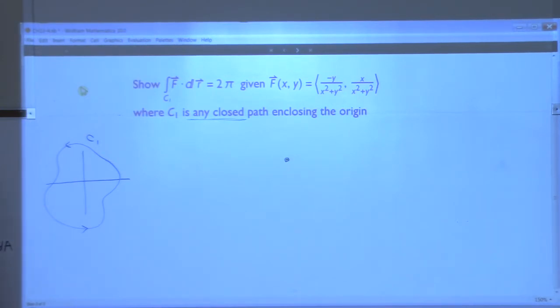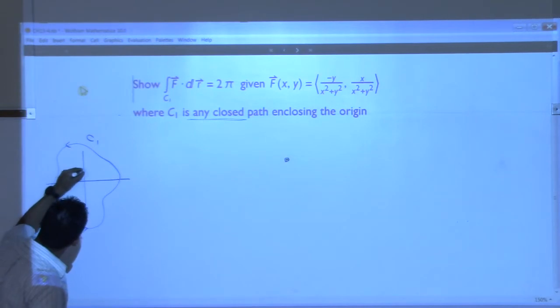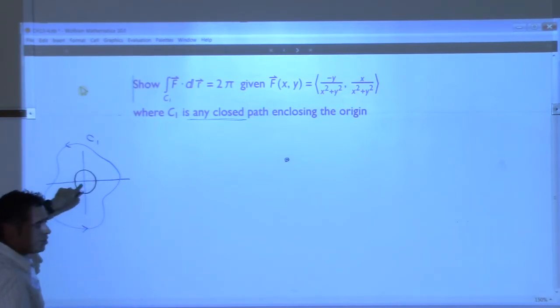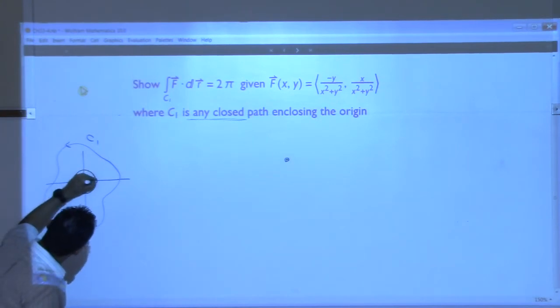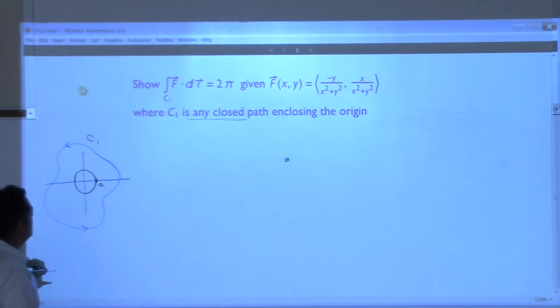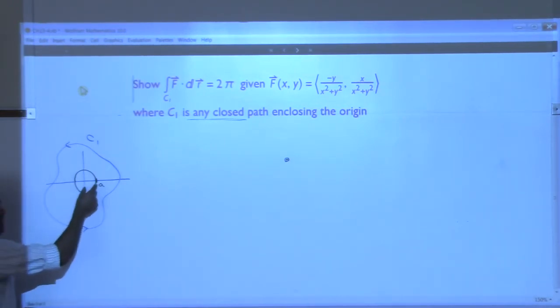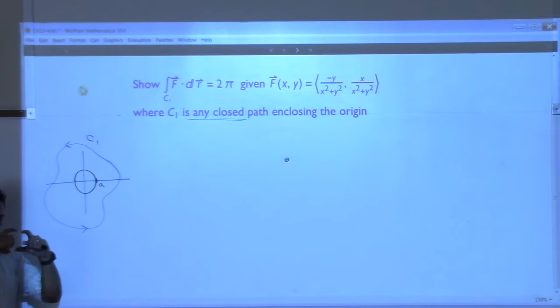And it's going to be a circle that's inside the curve you just drew. All right? So the circle I'm going to choose is going to be a circle that encloses the origin and has a radius. I'm going to call that radius A. All right? And here's the condition, is that this radius, I'm going to choose it small enough so that my path is inside your path.